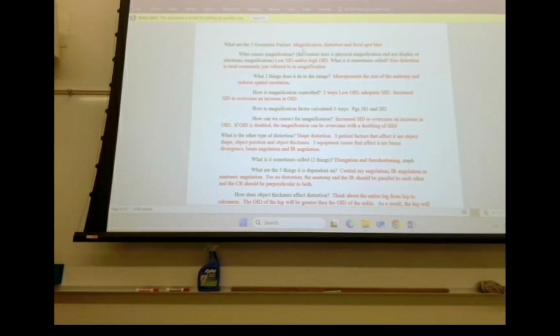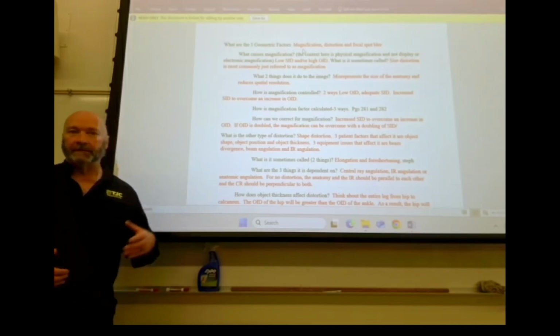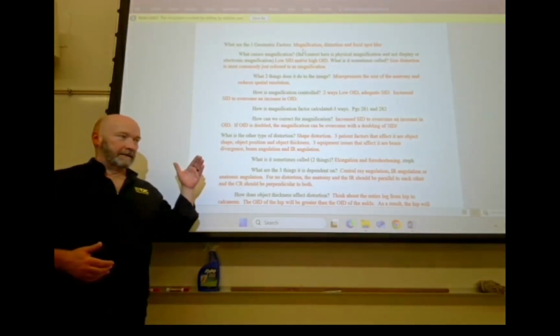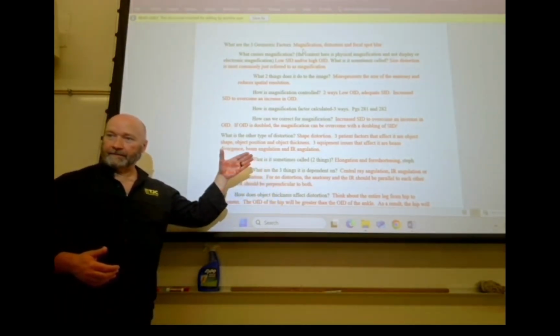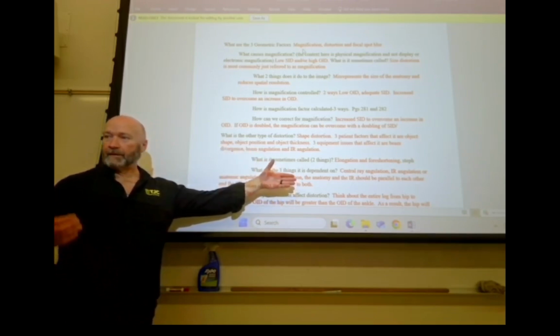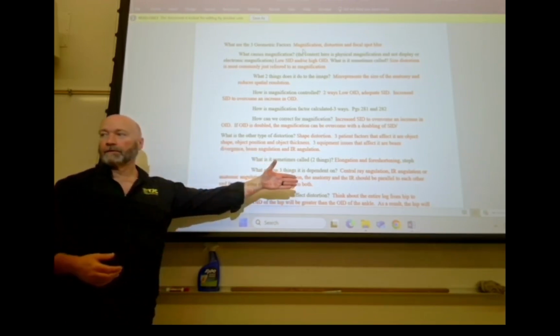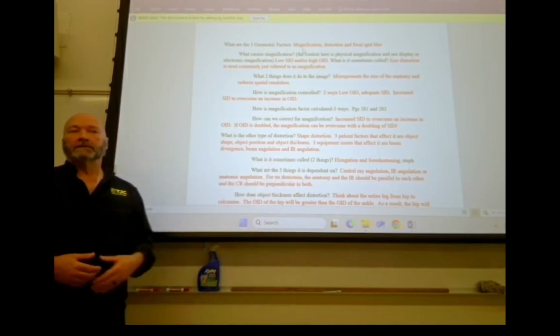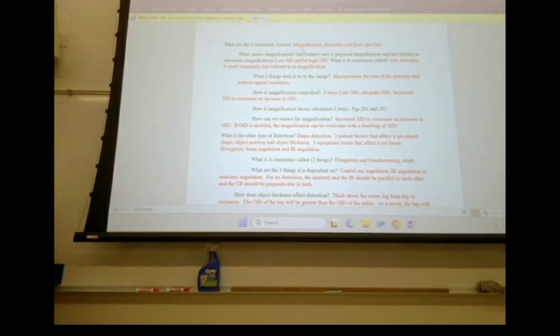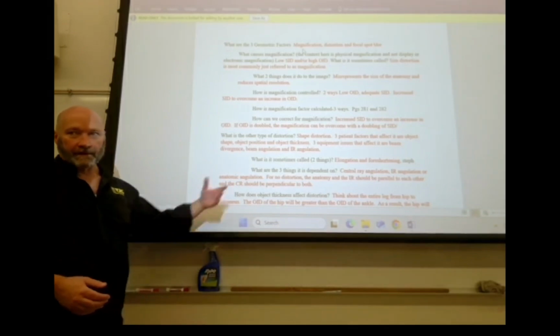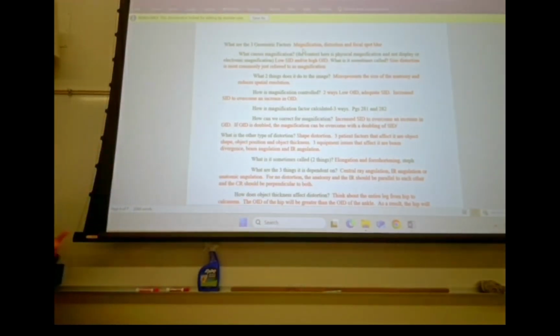And for distortion, what we want to get a completely undistorted image is to have the anatomy and the image receptor parallel to each other and the central ray perpendicular to both of those, right? So even with that though, because of the divergent central ray, we might see some sort of misrepresentation. Shouldn't be bad.